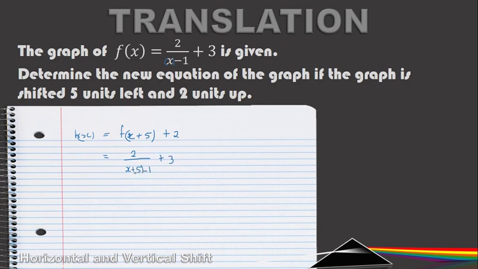So here we simply replaced our x with x plus 5, and for this 2 we just add 2 to this whole function. This whole thing represents f of x, and then we simplify. So this is going to become 2 over x plus 5 minus 1, so x plus 4, and then plus 3 plus 2 is plus 5.